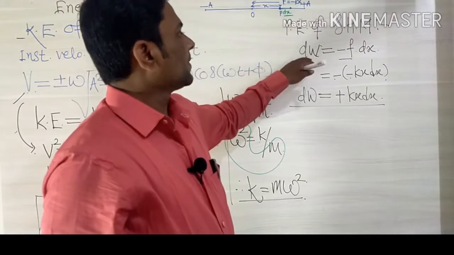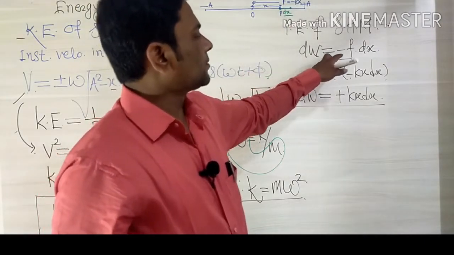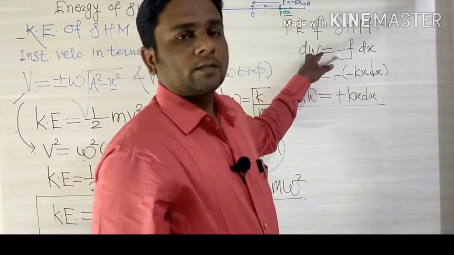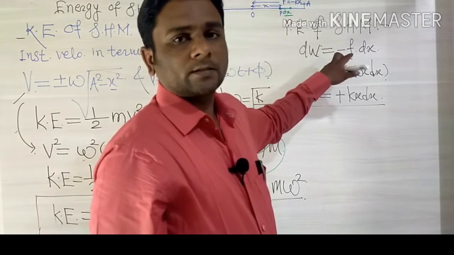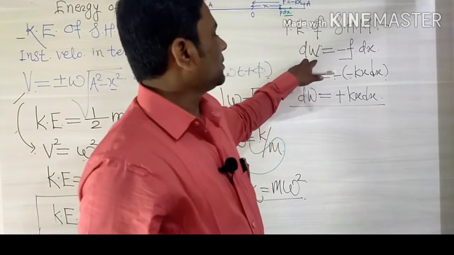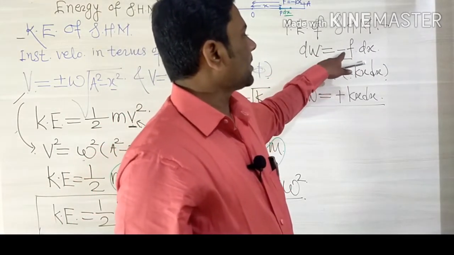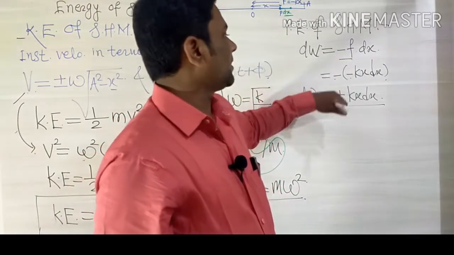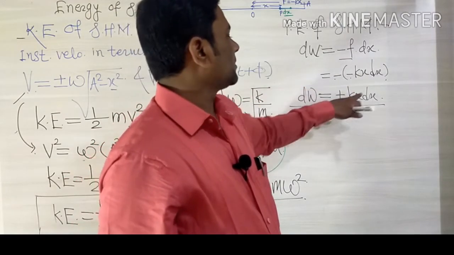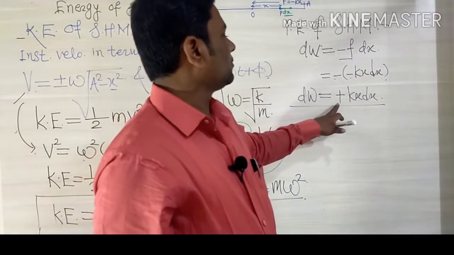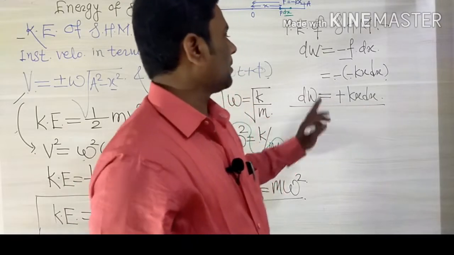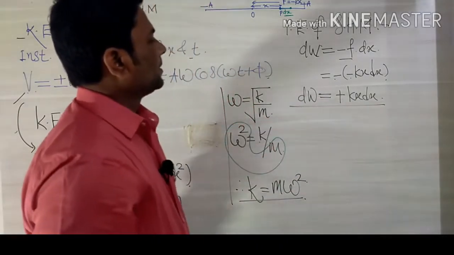That is why this work is done against the restoring force. Work W is equal to force into displacement, so in small amount dW is equal to force into displacement, but it is against, so we take the minus sign. So minus kx dx, we get dW equal to plus kx dx. This is the small amount of work done.